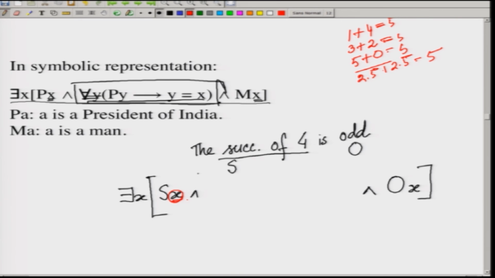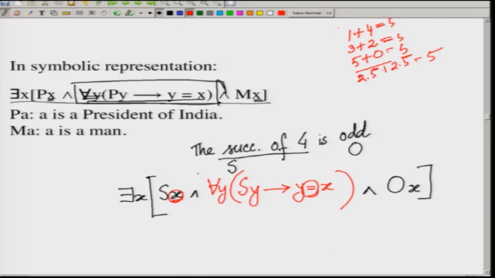So we just write that for all y, sorry, x already is taken. If y is a successor of 4, then y is the same as x.